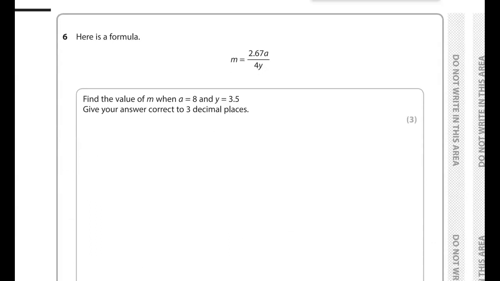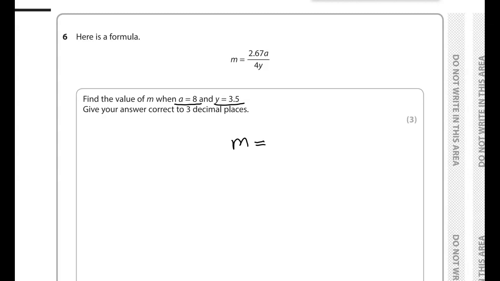Here is a formula. Find the value of m when a is equal to 8 and y is equal to 3.5. Give your answer correct to 3 decimal places. So let's just replace a with 8 and y with 3.5.